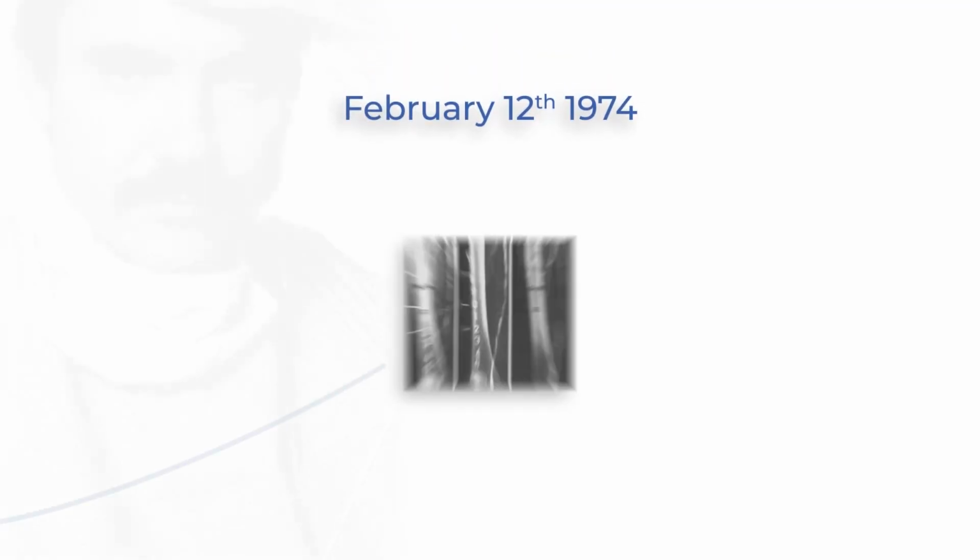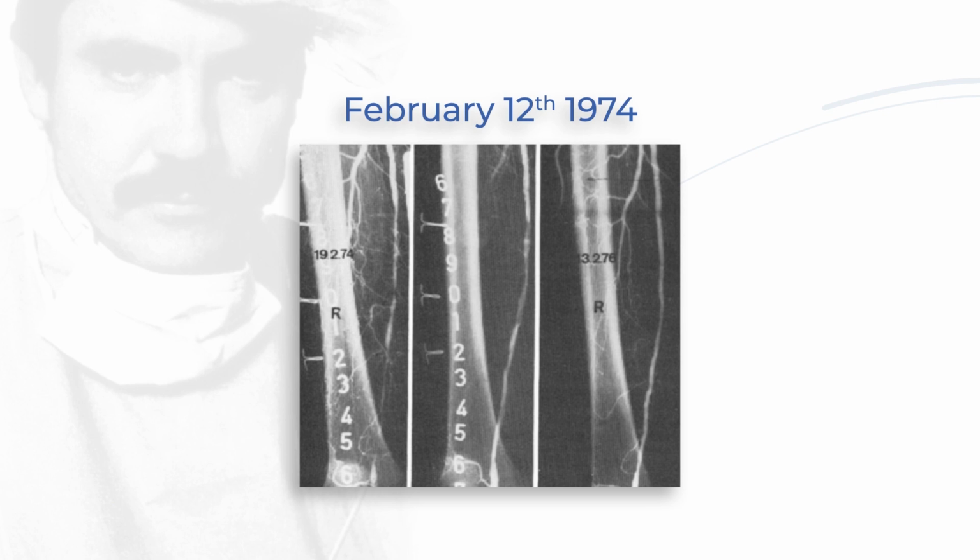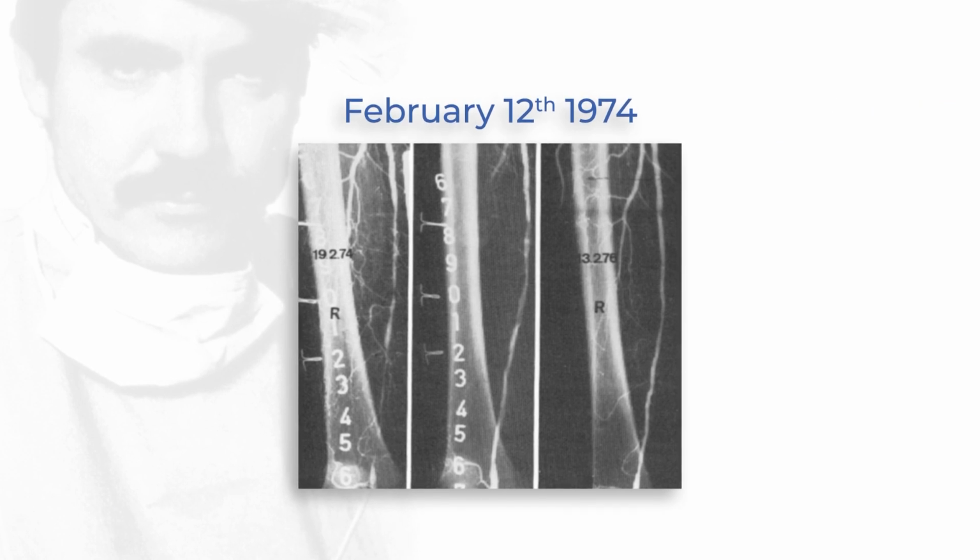The first human balloon angioplasty was carried out by him on February 12, 1974, to dilate a femoral artery critical stenosis. For the next 2.5 years, each balloon catheter would be custom-made for each individual patient.